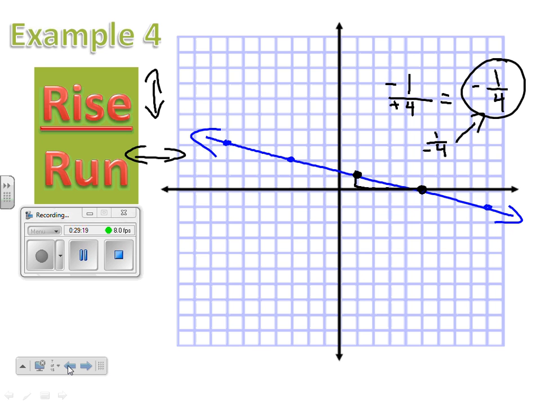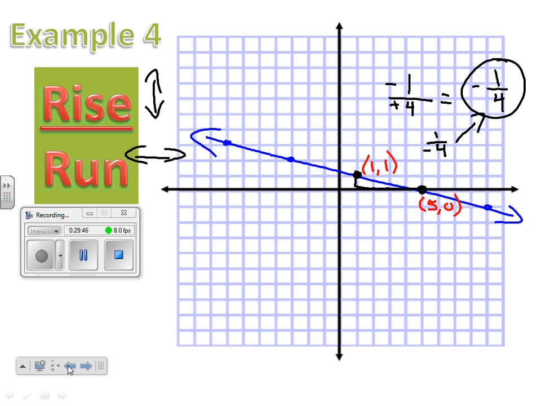Now tell me, if this point is 1, 1, and this point is 5, 0, can you tell me, first of all, X's move what direction? Left and right, and Y's move up and down. Can you tell me what I could do with my Y coordinates?